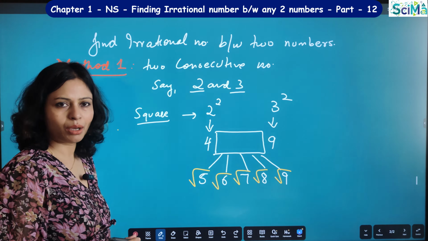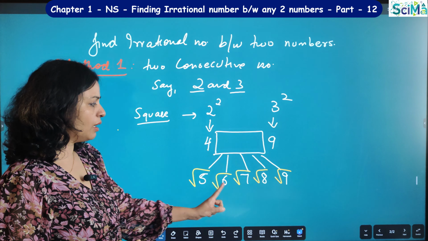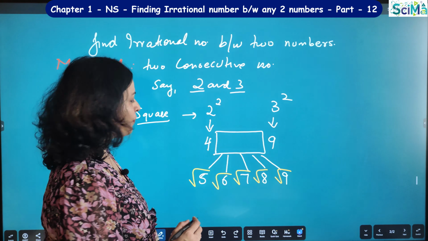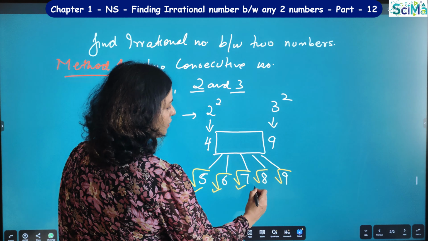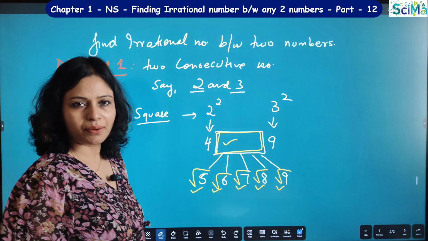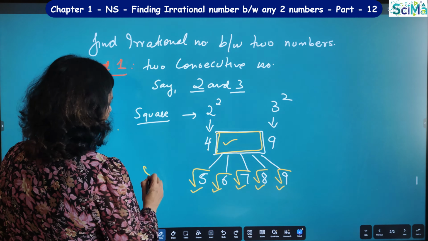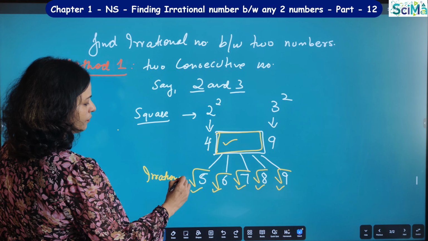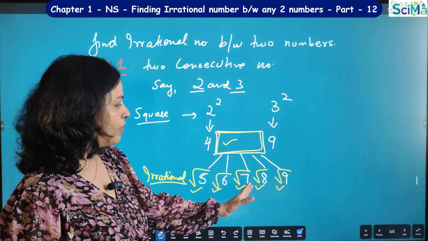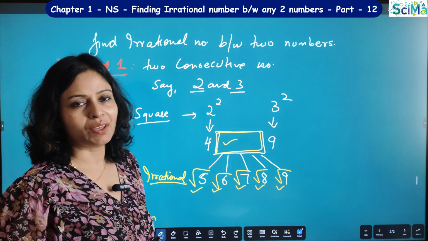So you select the numbers between the squares of these two numbers, and take the root of each. So root 5, root 6, root 7, root 8, root 9 are the numbers which come in between 2 and 3. This is the first method to find irrational numbers. These are all irrational because they are not perfect square numbers, as we have studied before.